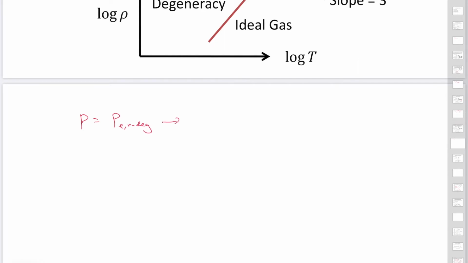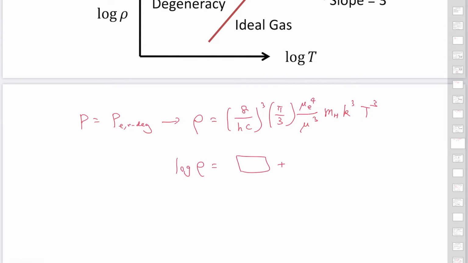So from this equation you can find rho is 8 over h c cubed, pi over 3, mu_e to the fourth over mu cubed m_H, k cubed T cubed. So if you take a log on both sides, it is some constant value plus 3 log T. So then the slope becomes 3.